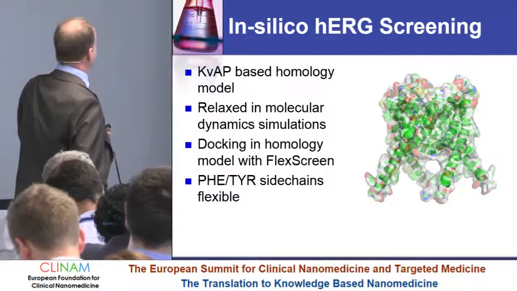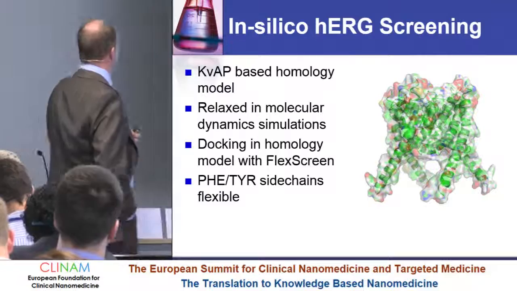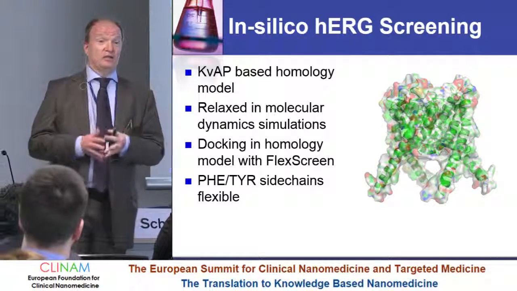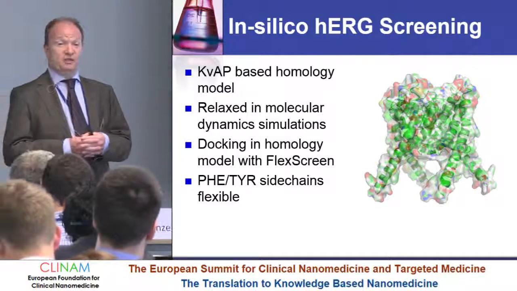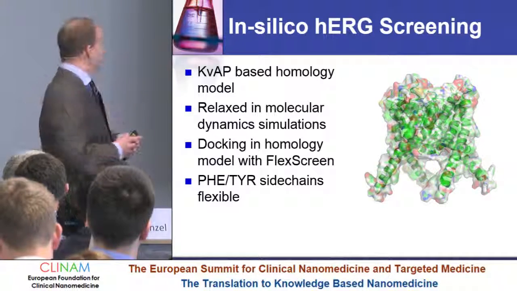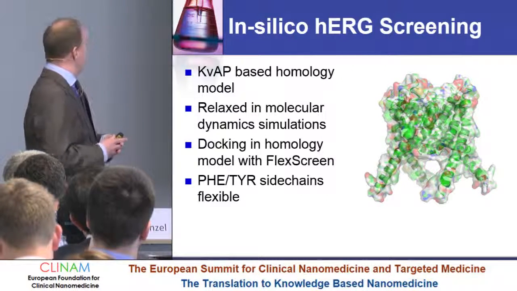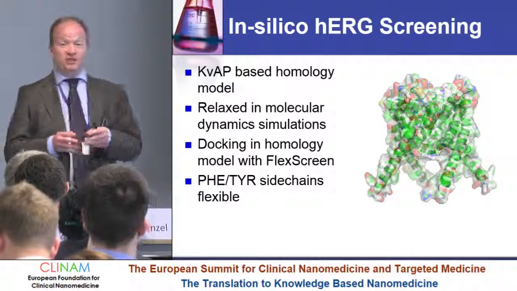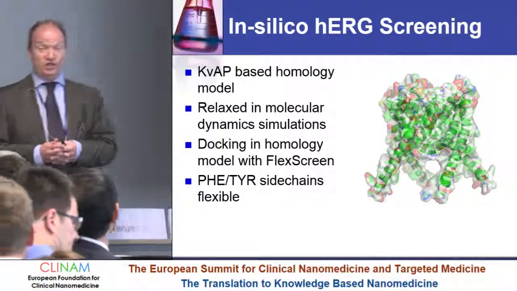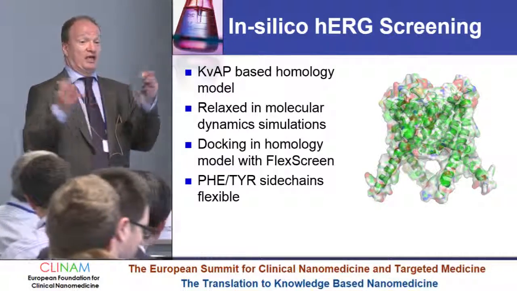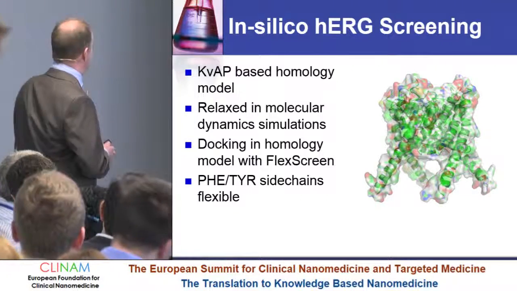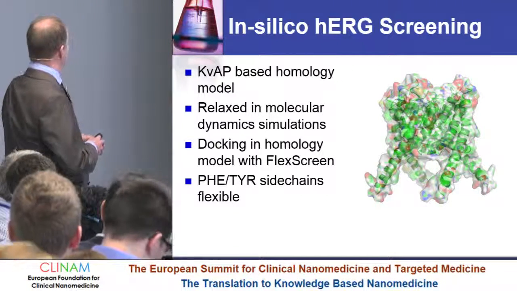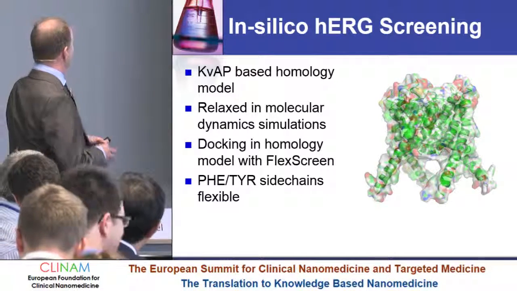The second thing we were interested in, for instance, is to look at toxicity effects for small molecule ligands. And later I will talk about nanoparticles, and one of the key channels that you look for this is the hERG channel. That is one of the standards that you have to test against if you want to develop a new drug today.